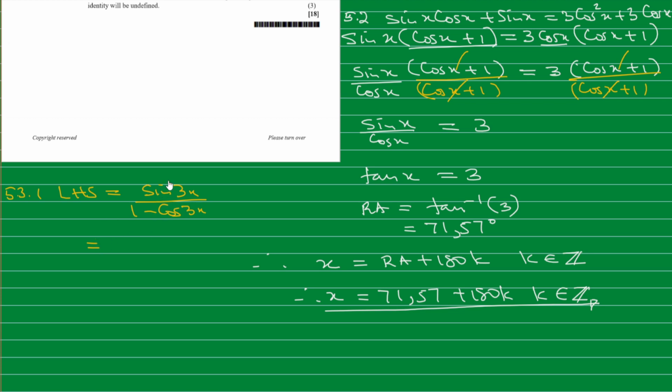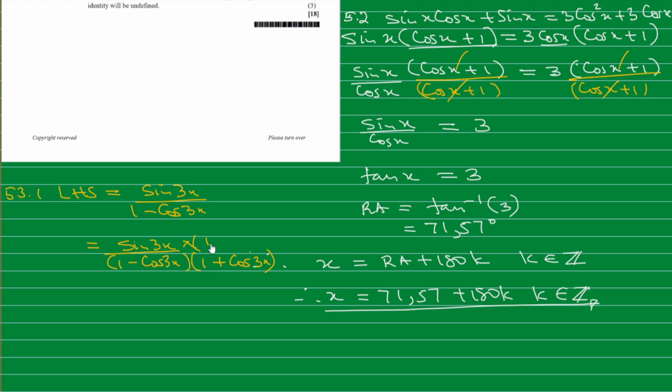What I mean by that is you take the sine 3x, leave the sine 3x over, now here I've got a 1 minus cos 3x. So we need to multiply that by a 1 plus cos 3x, at the bottom and also on top.